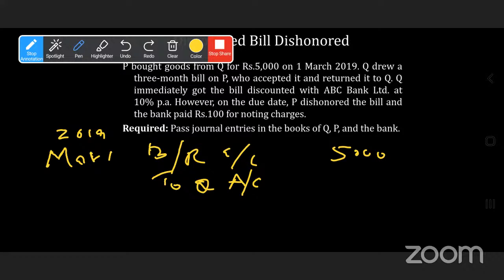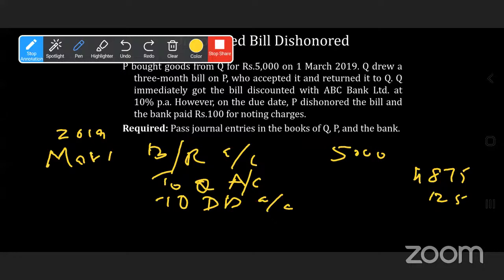So what is the amount after the bill got discounted? 4,875, isn't it? Next, to discount account, discount 125. Being the bill discounted at the rate of 10% per annum.